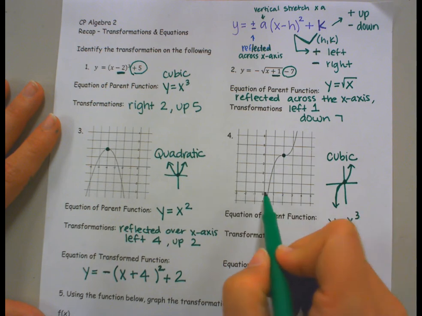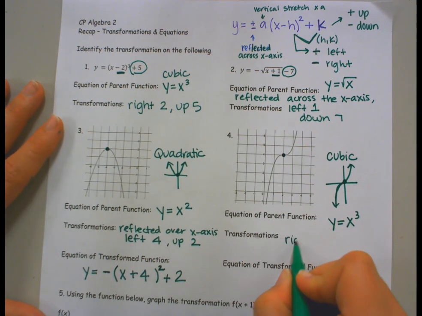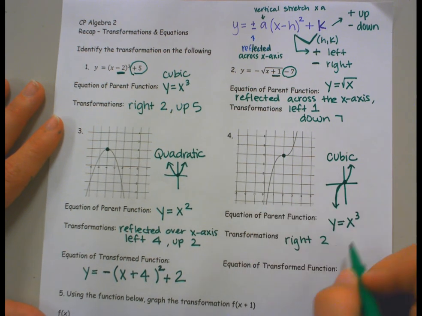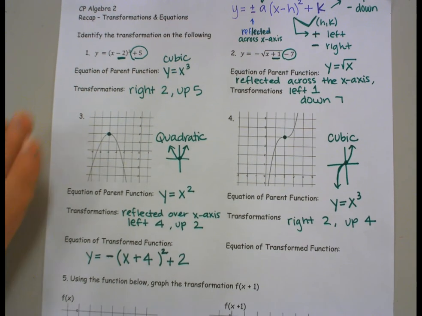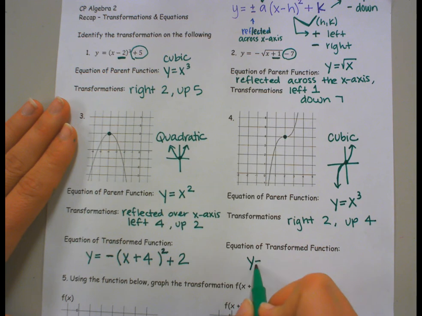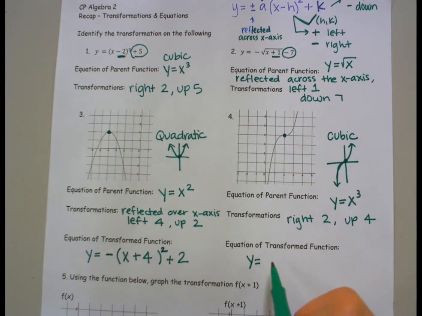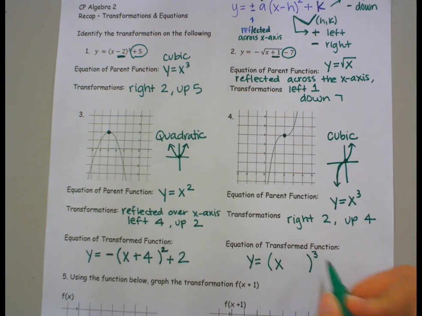So our graph from 0, 0 went right 2, so I'll write that down, right 2, and then it went up 1, 2, 3, 4. So it went up 4. So those are the transformations that took place on my graph. So when I write the equation, I have y equals, it did not reflect or stretch, so I'm not going to put anything in front. And then I'm going to symbolize right 2.